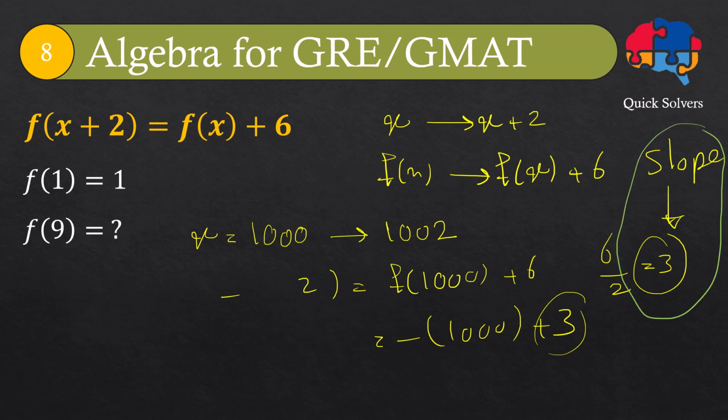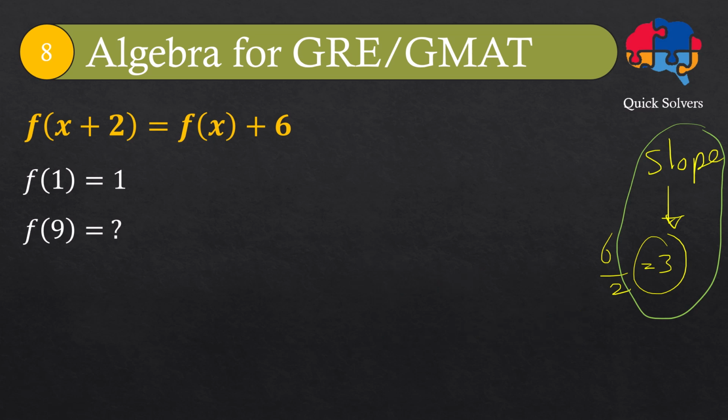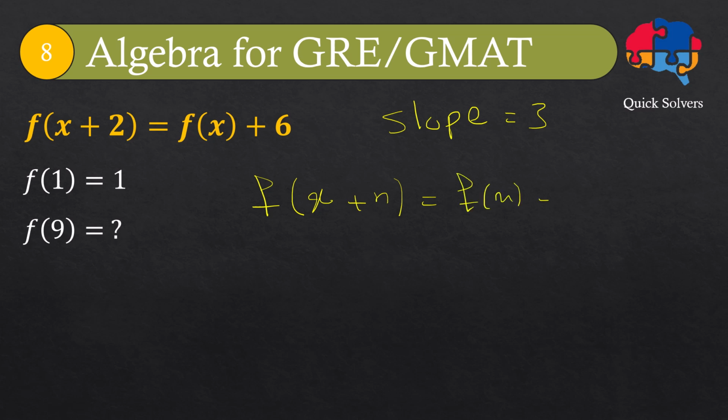So let me get rid of all this. Now, knowing the slope of this function, which is 3, we can generally say that f of x plus n equals f of x plus n times the slope.